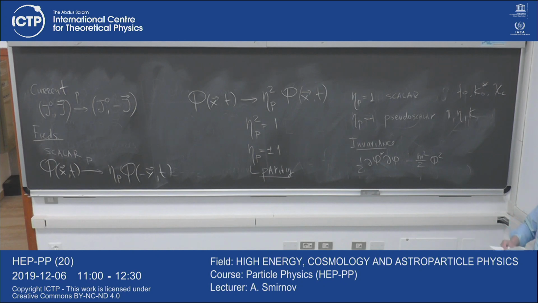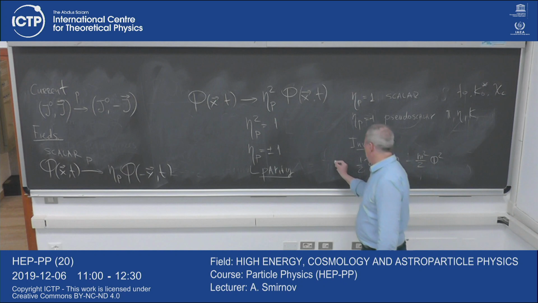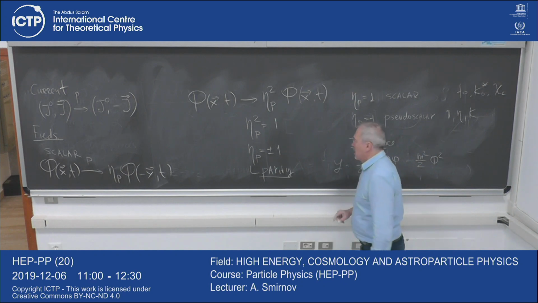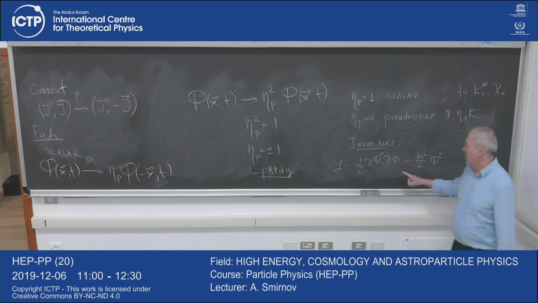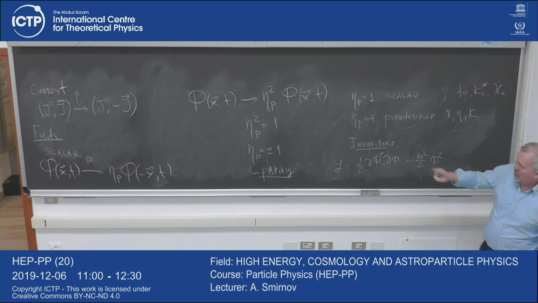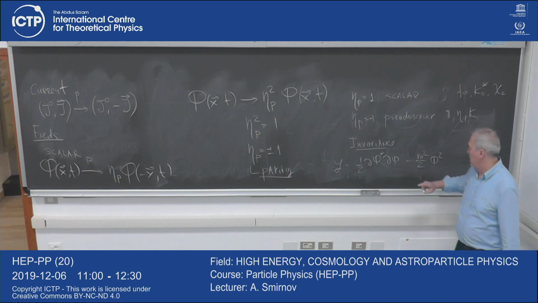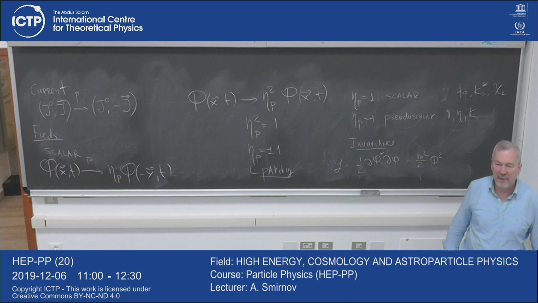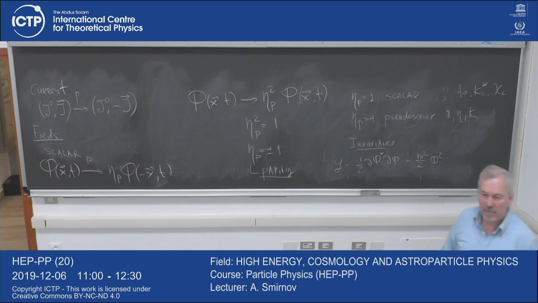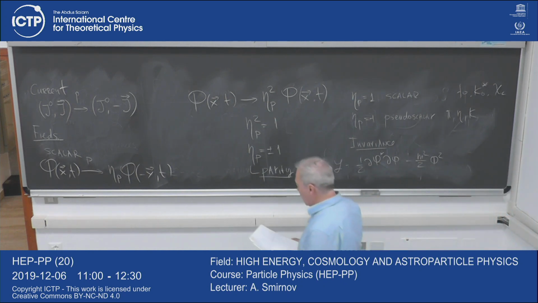So also the Klein-Gordon equation will be invariant with respect to P transformations. What is important here is the appearance of eta, but since it's quadratic in the fields, it doesn't matter if that is plus or minus.